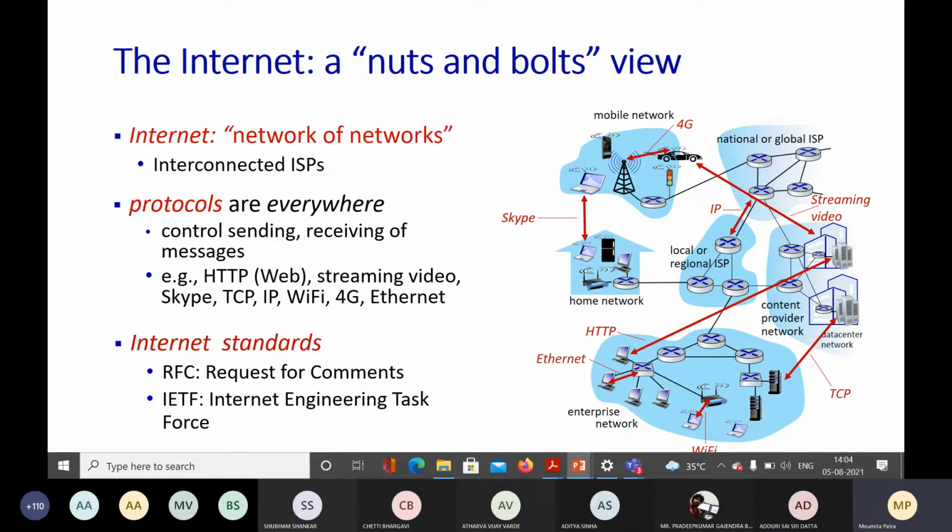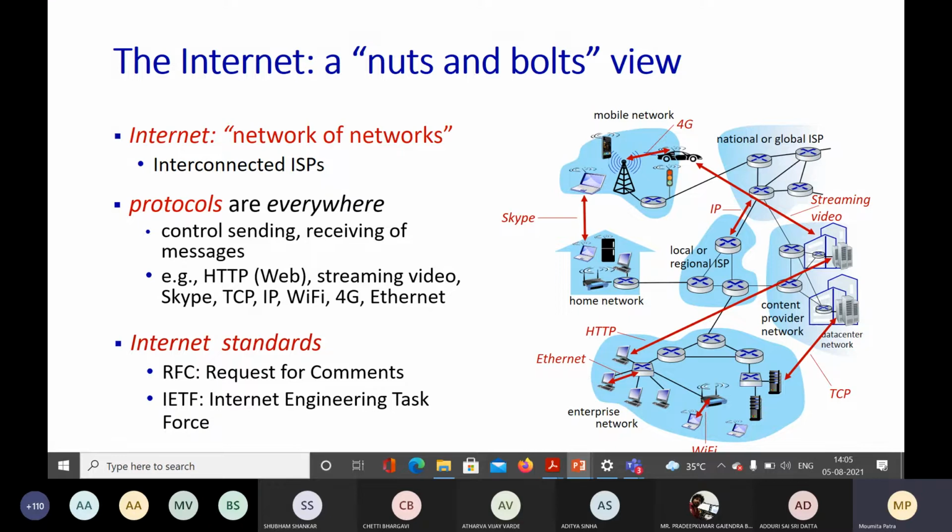Then you have the home network. In the last class I told how the home network works, what exactly the home network is. What is being shown in this diagram is that you have different classifications of networks. You have mobile networks, home networks, enterprise or institutional networks, but they are also communicating with each other.